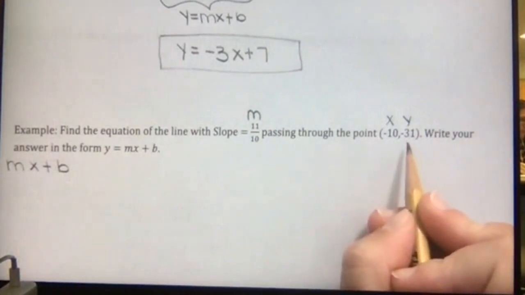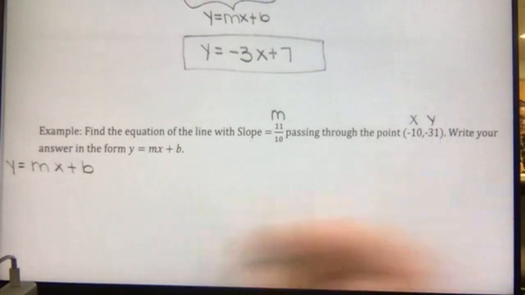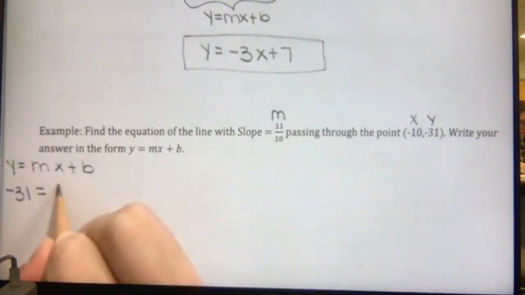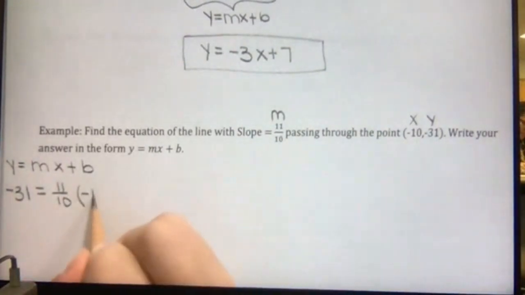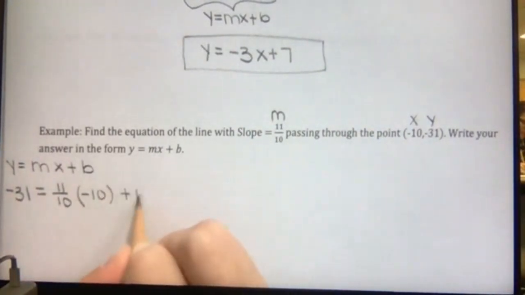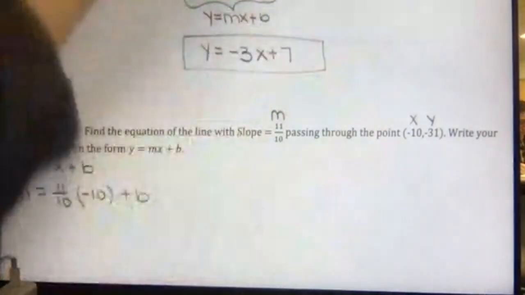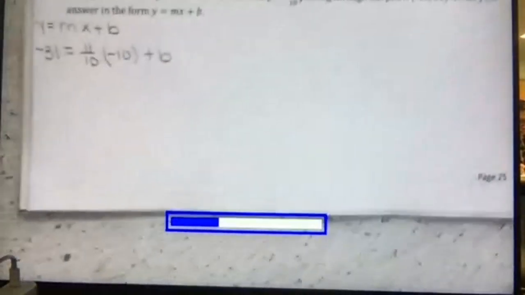They're telling us that our y value is -31. So -31 equals m, which they told us is 11/10, times x, which they told us is -10, plus b. So notice they didn't give us our y-intercept, but I could use this to solve for b.